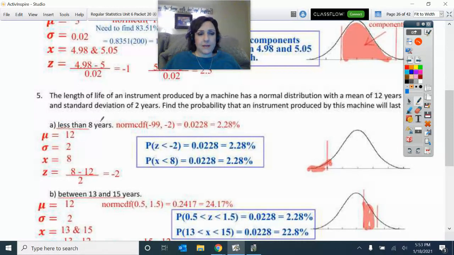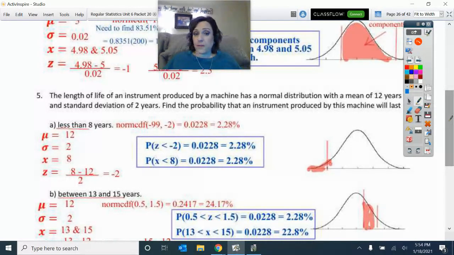So what's the probability you're going to get less than 8 years usage out of that instrument? Mean of 12, standard deviation of 2, the x is 8. So we get our z-score and we're going to norm CDF below that. So just about 2.28% of instruments would last less than 8 years.